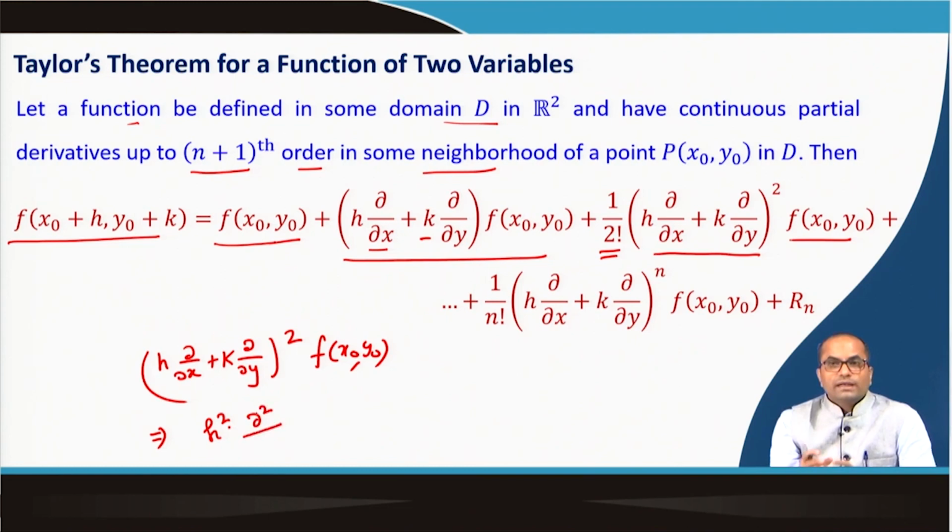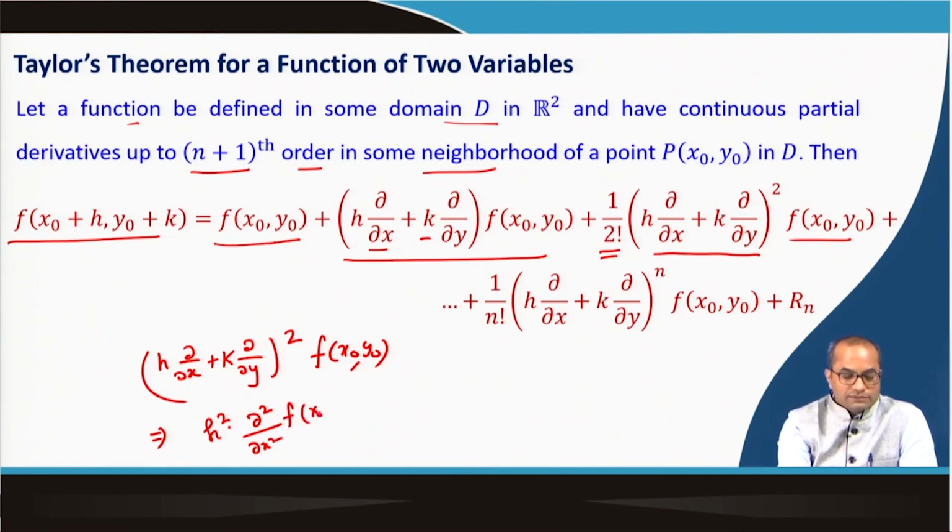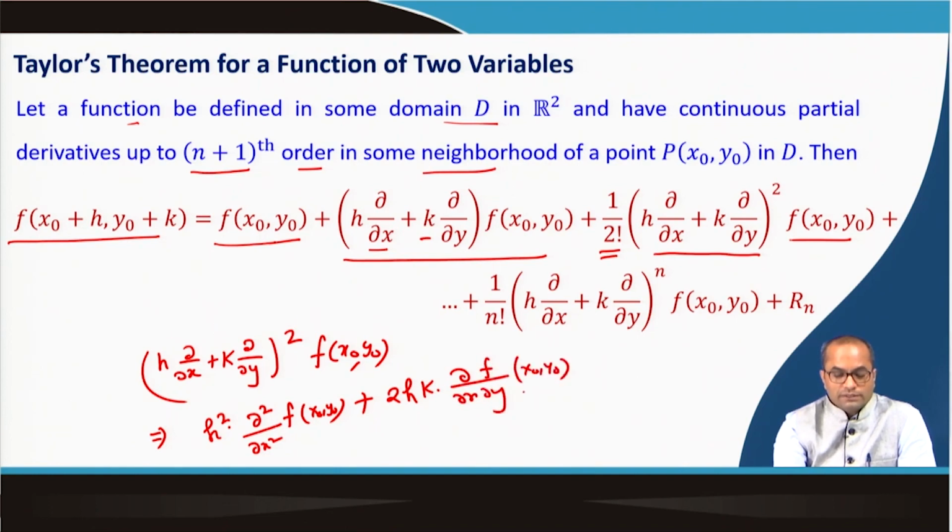So, it is not del over del x whole square, it is the second order derivative of f at this x naught y naught point, and then we have the mixed term 2 h k, where the mixed derivative del x del y of f will come, again at the x naught y naught point. The last term will be the k square term, the second order derivative of f with respect to y, evaluated at the x naught y naught point.